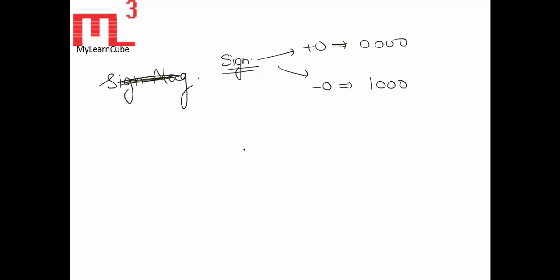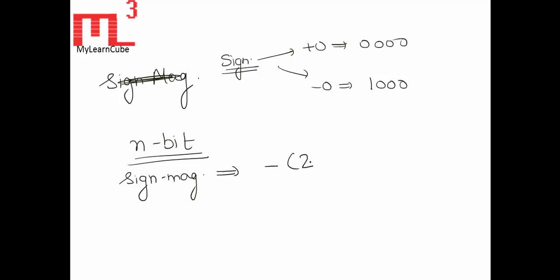Again it has two representations. So if you have n-bit representation, then sign magnitude will have range from -2 raised to power n minus 1, minus 1, to +2 raised to power n minus 1, minus 1.